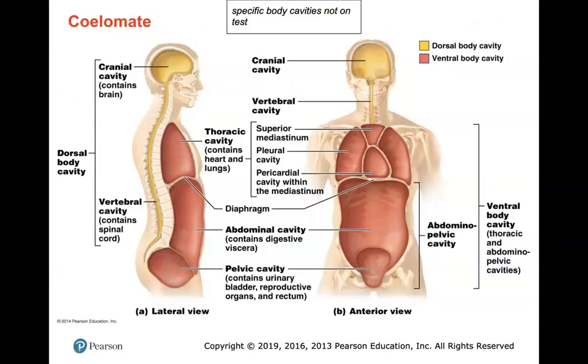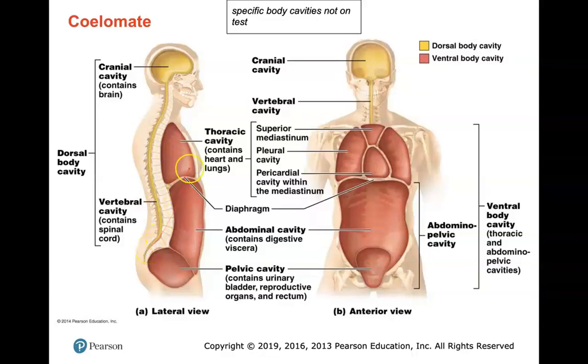Not on your exam, but I want to show you as a human why you are a coelomate. You have many body cavities that are located between your outer cell layer, your ectoderm, and your inner cell layer. You have dorsal body cavities in the form of your vertebral cavity and your cranial cavity, housing that beautiful brain, beautiful spinal tissue in your vertebral cavity.